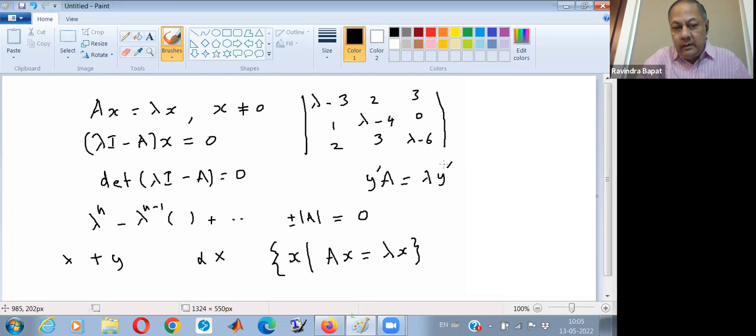It is just a variable, an indeterminate. So when we calculate the determinant, it's a polynomial. It's not a number. For a particular value of lambda, it will be a number. You can substitute lambda and get the number, but in general, it's a variable or indeterminate.